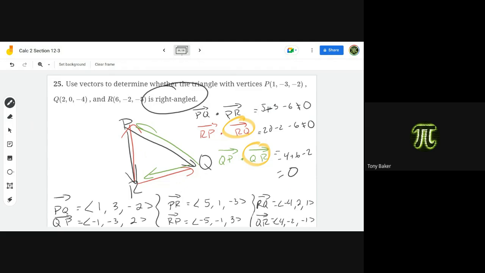So if you have a triangle, you have to find. Notice, I'm not even looking for the angles. I just want to know, if the question was, is it right angled? So I'm looking for one of the dot products to come out to be 0. Because that means they're perpendicular, which means it's a right angle triangle.